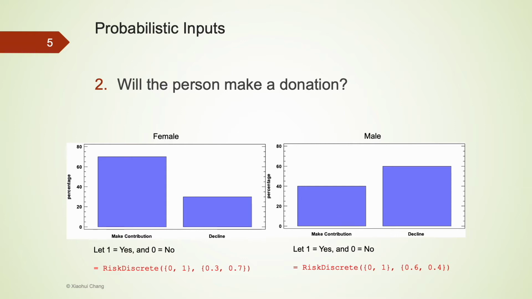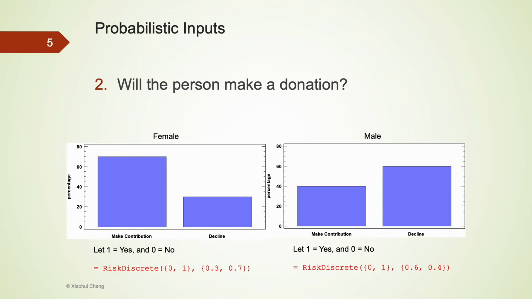Due to the different donation behavior of men and women, we need 1 variable for each gender. The variable for women would be 1 or yes with 70% probability and a 0 or no with 30% of the probability. The second variable for men would be 1 with 0.4 probability and 0 with 0.6 probability.